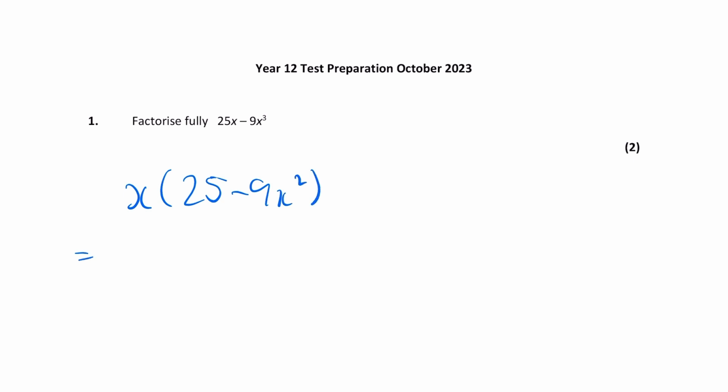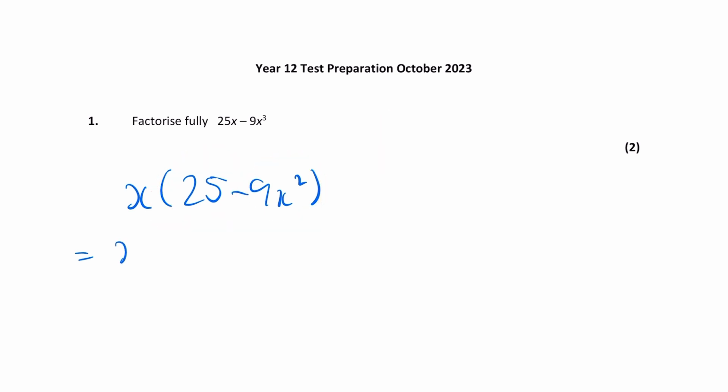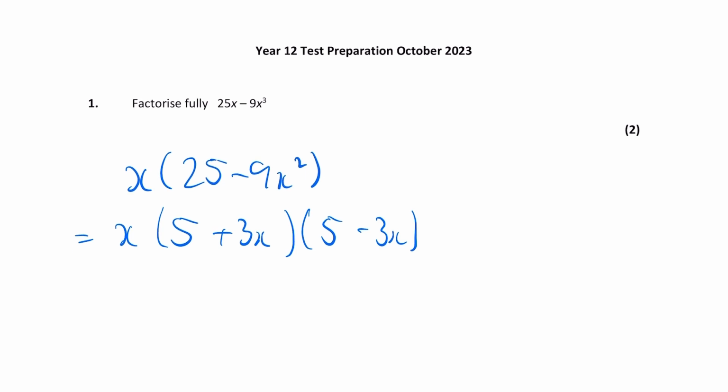Then it's a case of spotting that that is a difference of two squares, and you can tell that because it has a 25 there, which is 5 squared. It has a 9x squared, which is 3x all squared. So we'd have x lots of 5 plus 3x, 5 minus 3x. That's question 1.